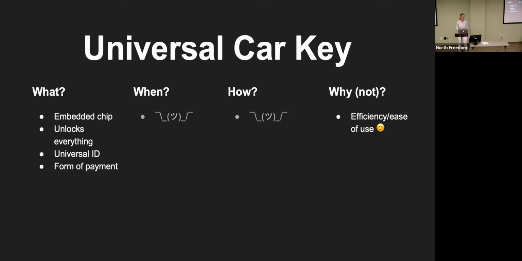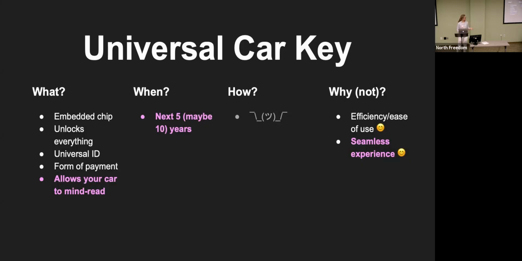So instead of just needing to actively think and interact with our car, maybe it's that our car knows when you want to drive somewhere, it starts pulling up from the parking lot, pulls up to you because we have it embedded on us, and it starts to be able to intelligently know what we'd like. And then you can step into your car, and it knows where you're going as well and automatically drives you there. This kind of pushes things further. And that's where that note of allowing your car to mind read came from.